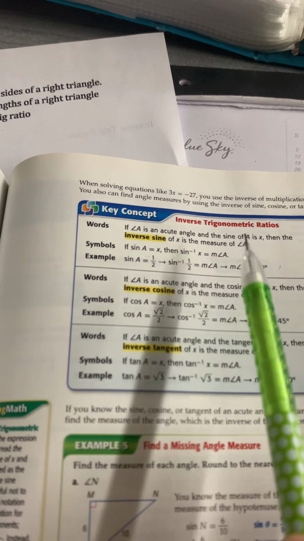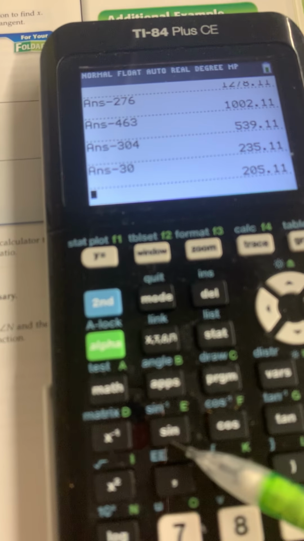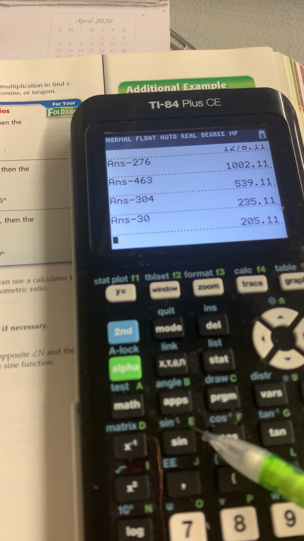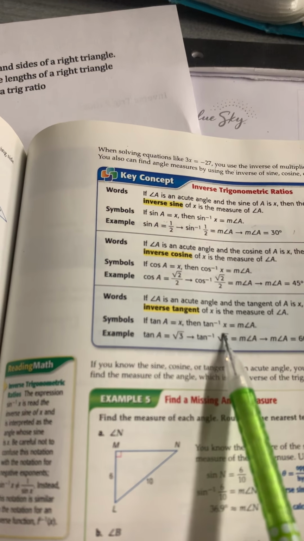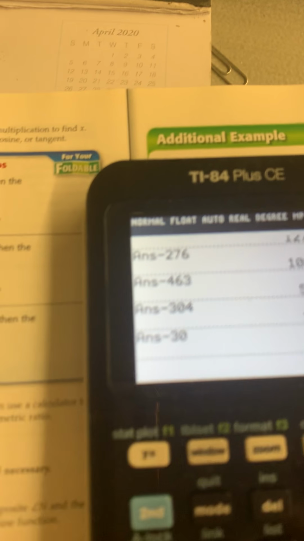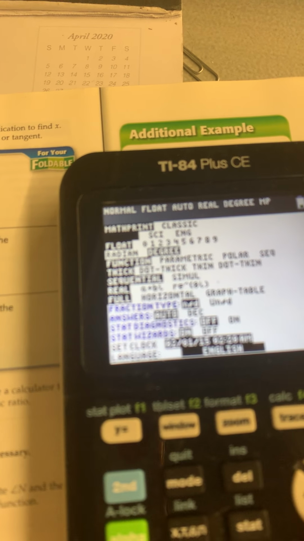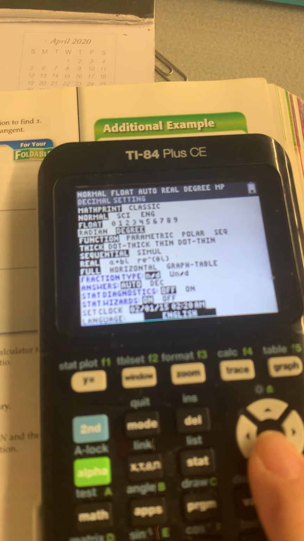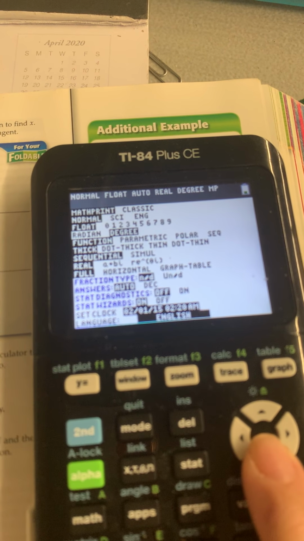But if I'm looking for the angles, we're going to be using the shift buttons, the -1 on the sine, cosine, and tangent. One thing that I need you to make sure is in your calculator, it needs to say degree. If it doesn't, then you'll go to mode, scroll down to radians and degrees, and make sure that is on degree.